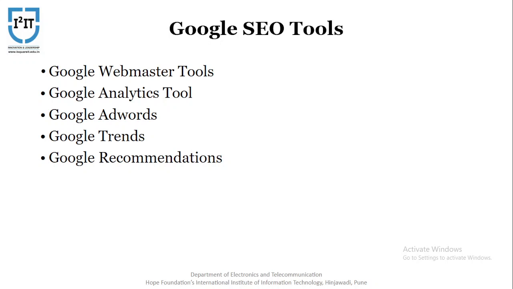Then comes the Google Trends. Google Trends is a tool from Google that provides the statistics regarding the volume of keyword searches over various time periods. For example, we have a trending thing like how many cases there are on a regular basis of coronavirus. In the same way, what is the trending news and what are the trending things that are going on right now? This Google Trends helps us to know about that.